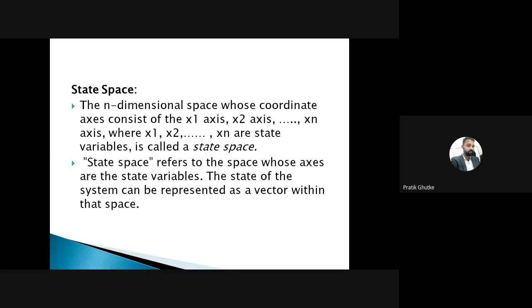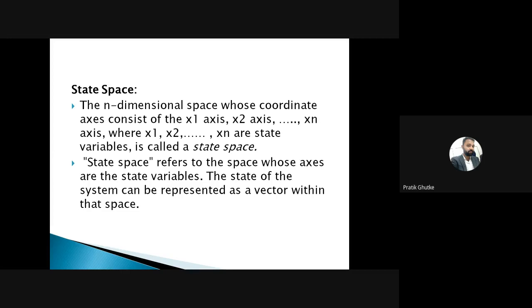Yes, have you understood? The n-dimensional space whose coordinate axes consist of the x1 axis, x2 axis up to the xn axis, where x1, x2, xn are the state variables, is called the state space.